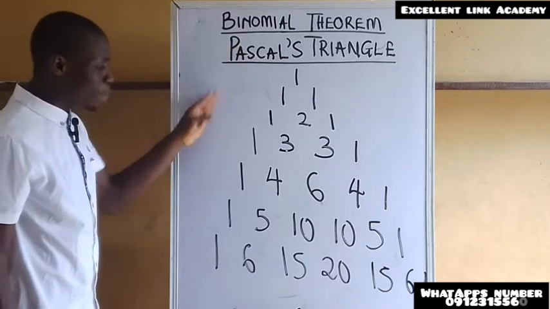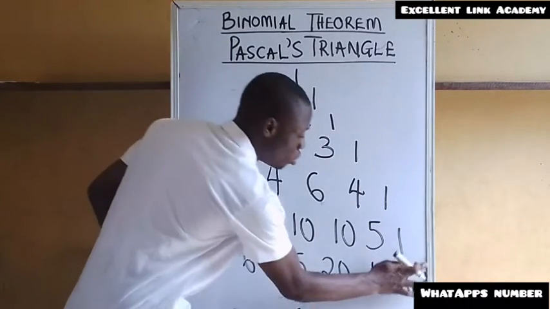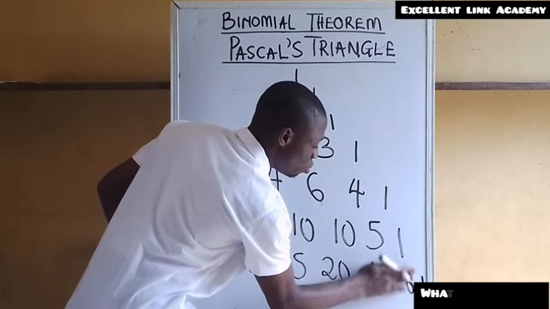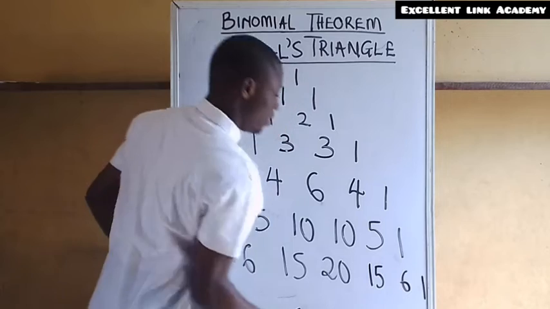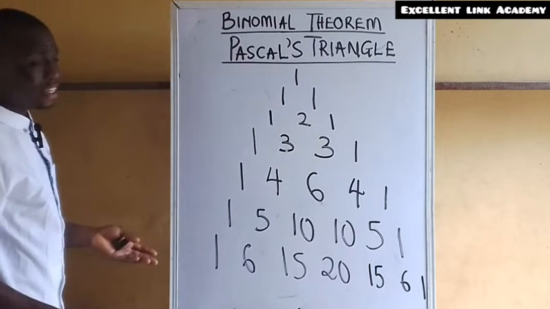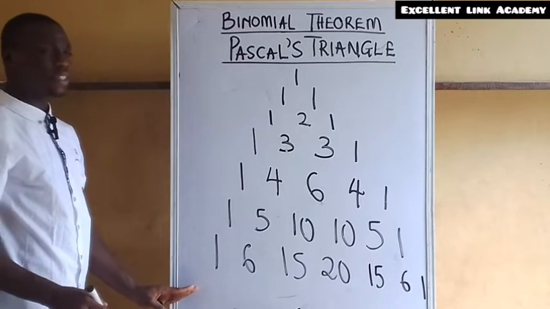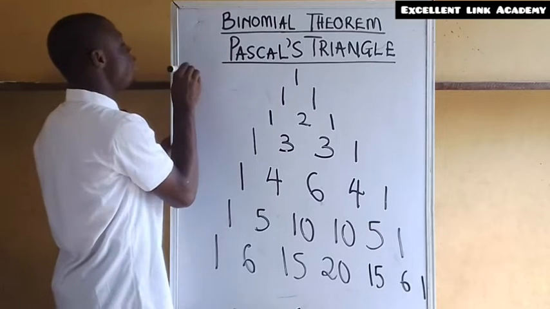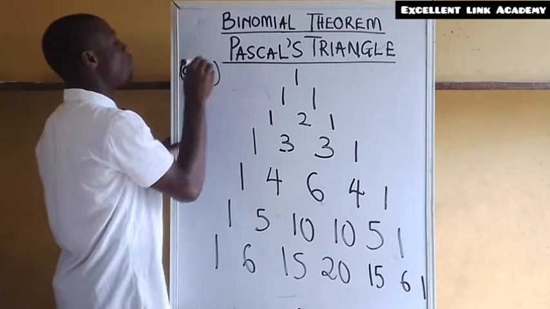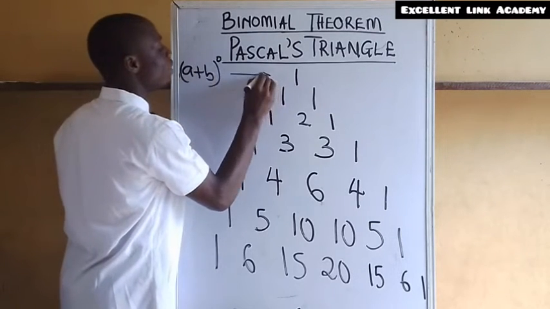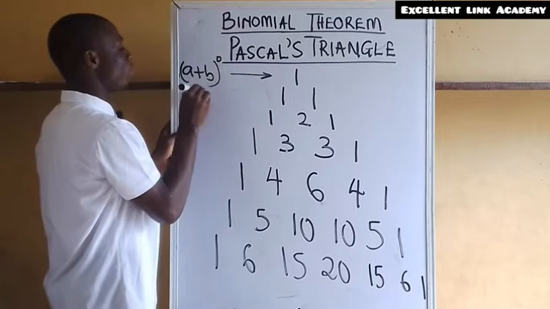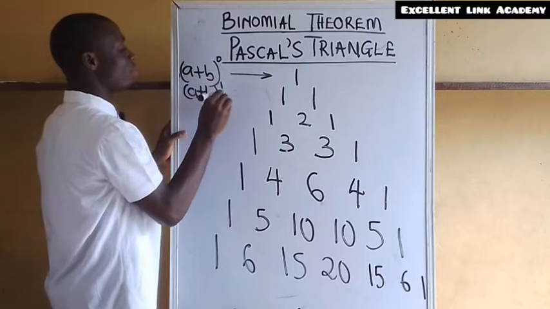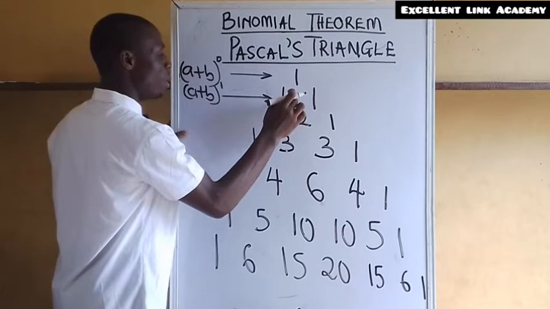Just follow this pattern and continue to another destination. So now what's the idea? Having known how to draw this, if I have a plus b to the power of 0, 1 is simply my coefficient. If I have a plus b to the power of 1, this is my coefficient.